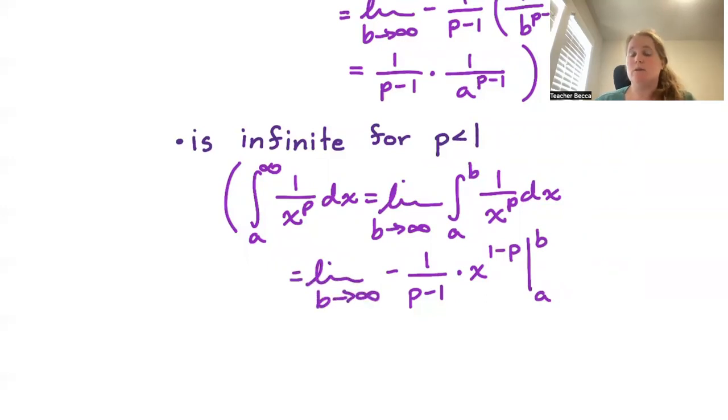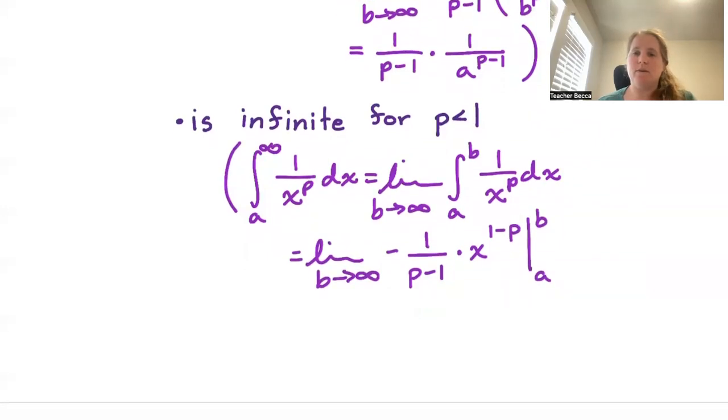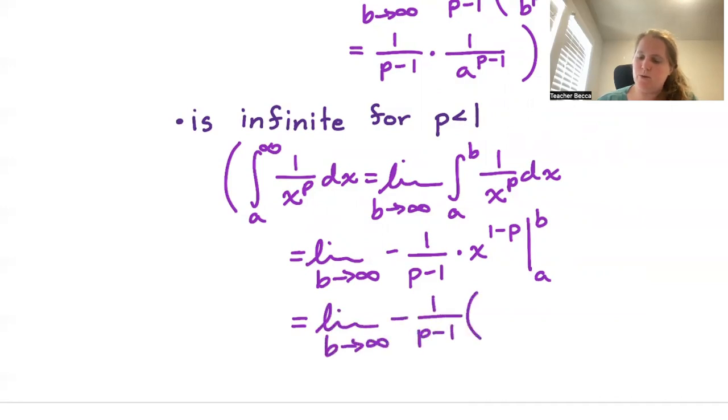Since 1 minus p will be positive, we wind up with the limit as b goes to infinity of negative 1 over p minus 1 times, in parentheses, b to the 1 minus p minus a to the 1 minus p. Again, 1 minus p is greater than 0.